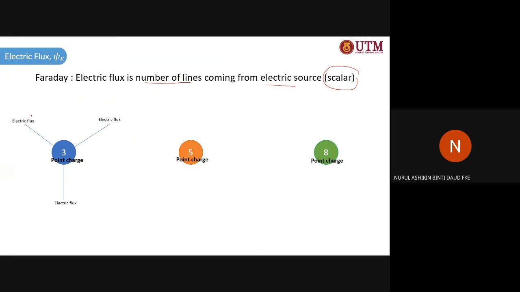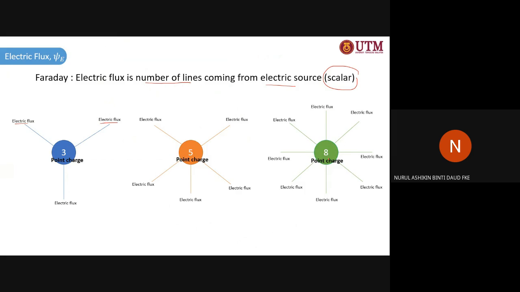The 5 coulomb point charge will produce 5 lines of electric flux. By now you already have the idea for the 8 coulomb point charge. It will produce 8 lines of electric flux.